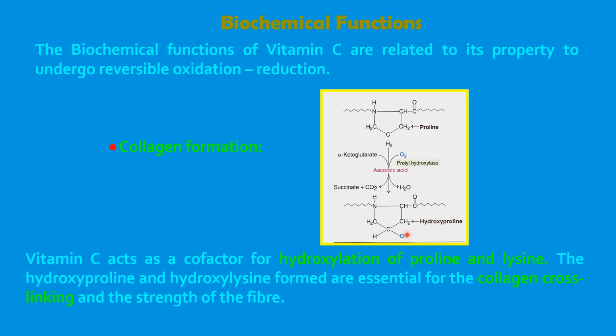So these OH groups can now participate in cross-linking through hydrogen bonding between different sheets or different chains of collagen. Okay, so this collagen cross-linking is responsible for the strength of collagen. So to summarize, vitamin C is very important in hydroxylating proline and lysine, which plays an important role in collagen cross-linking.